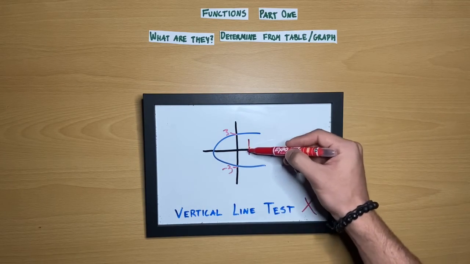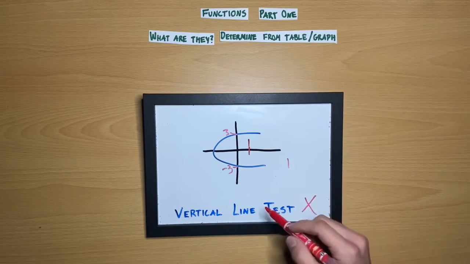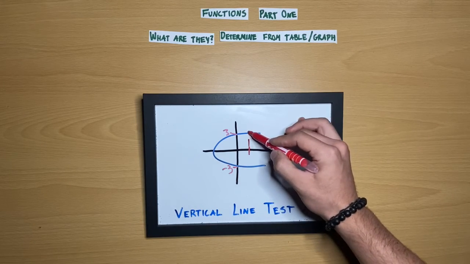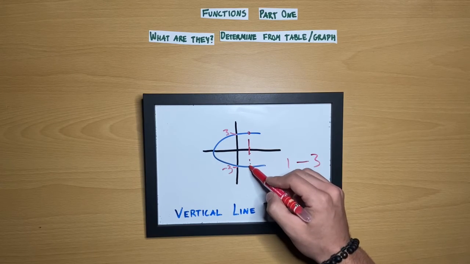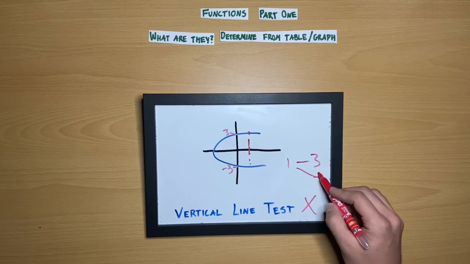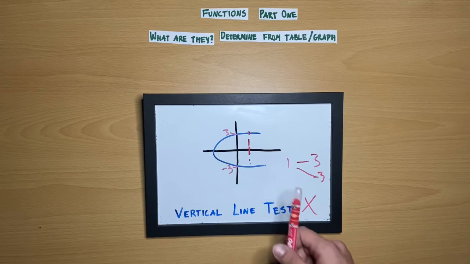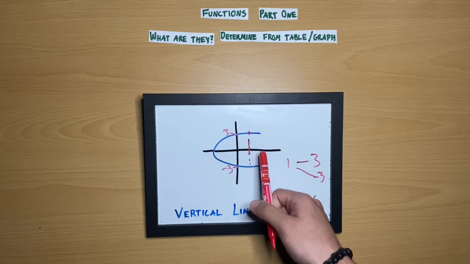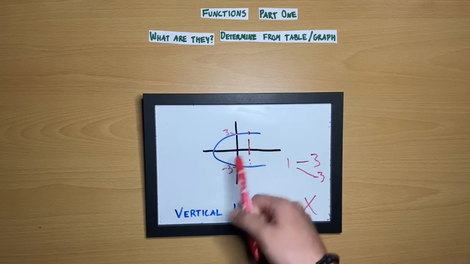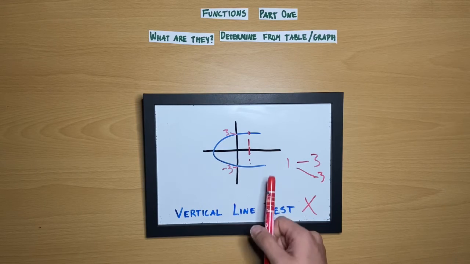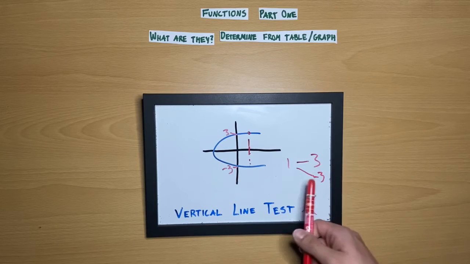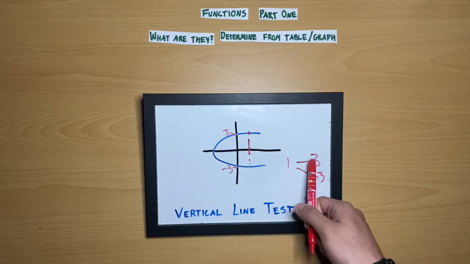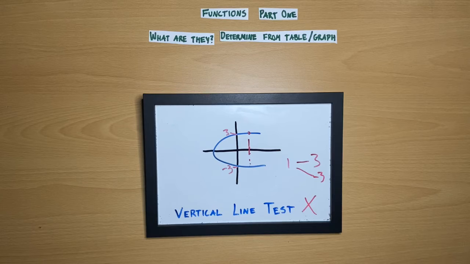Well, that means that this x value of 1 would go to 3, but it would also go to -3. Therefore, we can see that this graph, based off of the vertical line test, is not a function, but now we can see that if we had it in a table, it's still the same idea. You have one input going to 2 different outputs.